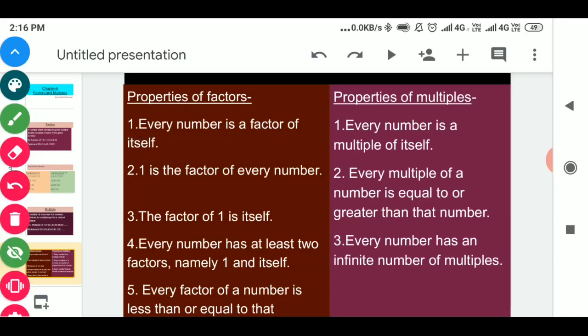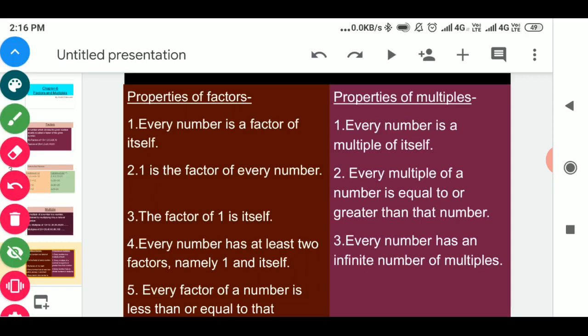In properties of multiples, we can see every number is a multiple of itself. To find the multiple of any number, we multiply that number with 1, then we will get the same number.